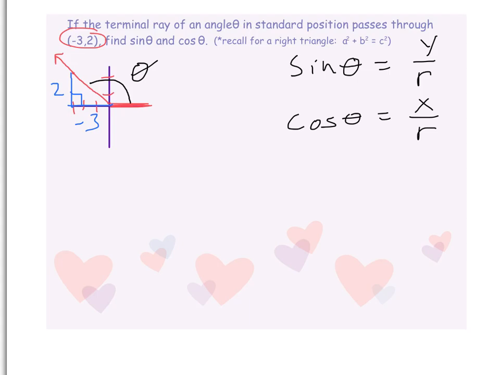It's kind of weird to call a side length negative, but we need the negative sign. And this hypotenuse right here from (0, 0) to (-3, 2), that's r. Now, if I use the Pythagorean theorem, without too much effort, I can figure out r. r squared is 4 plus 9, which is 13.